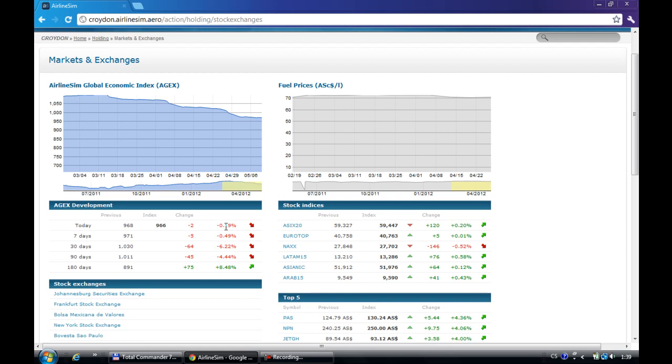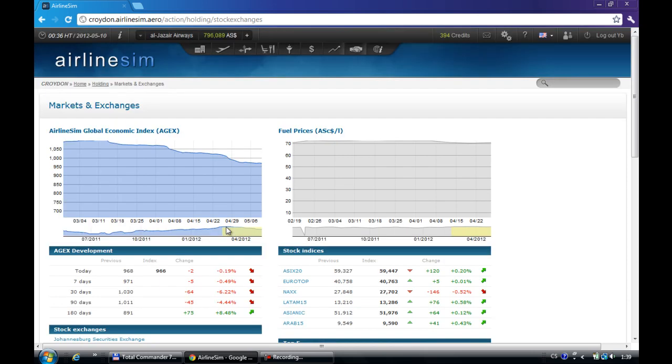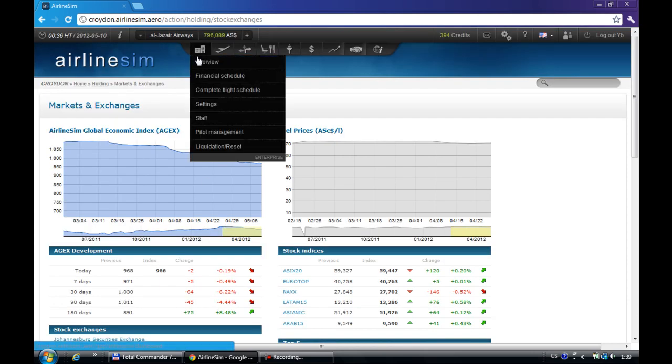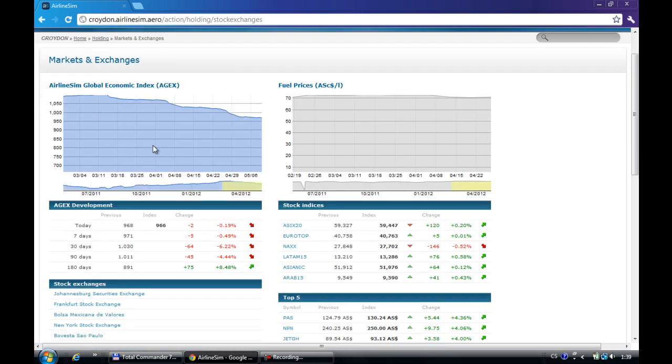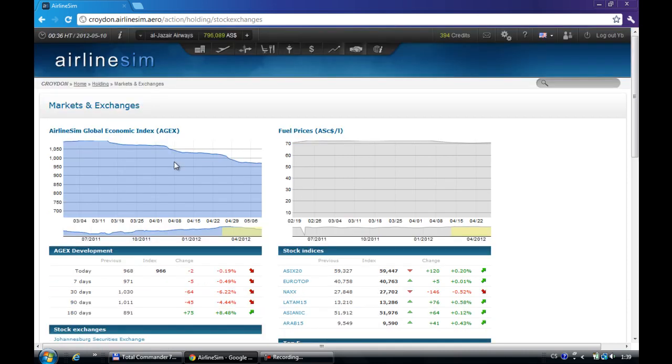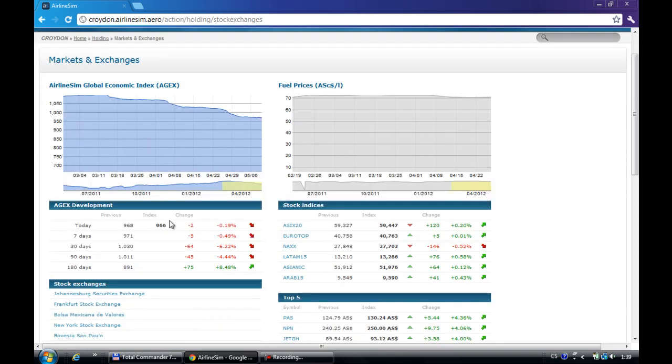Now, I like this mostly because companies like mine, Al-Jazair Airways, which we are a minority, but the ones that own almost all of their aircraft or all of their aircraft will have more trouble adjusting to the downward trend, while the companies that operate on lease only have it easy.